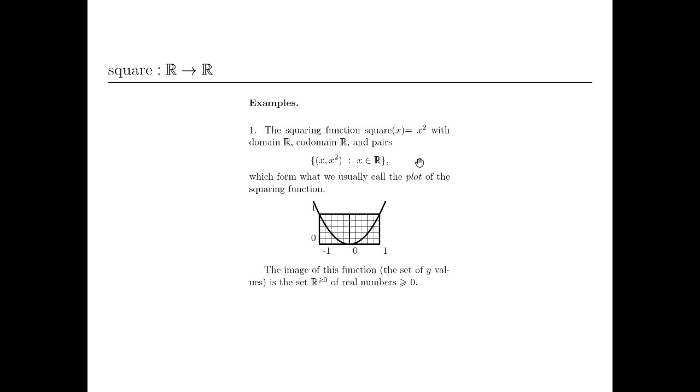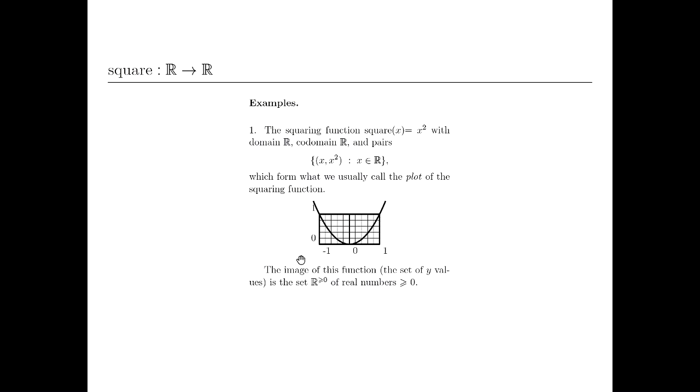Okay. So the notes go through a bunch of functions you're doubtless familiar with. So we could have a squaring function from the reals to the reals. Here's the set of ordered pairs. Here's that set of ordered pairs drawn, the plot of the function.